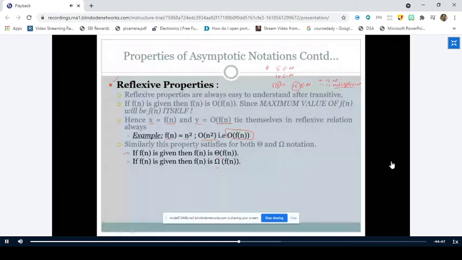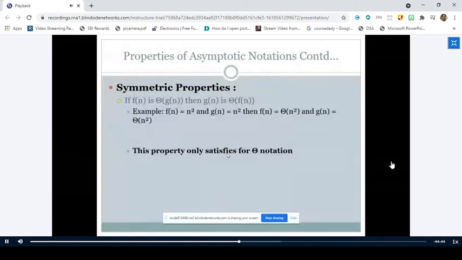So you keep it in mind, and we are moving into another property, which is nothing but the symmetric property. Right. So you take a screenshot of this. If f of n is, listen carefully, what is this notation here? Is it big O or omega or theta? Theta. Theta means average case or best case or worst case?